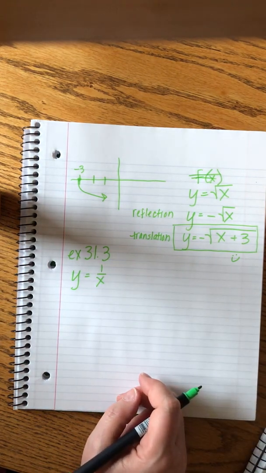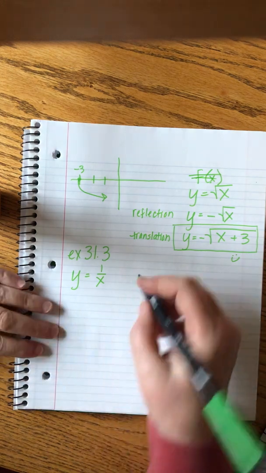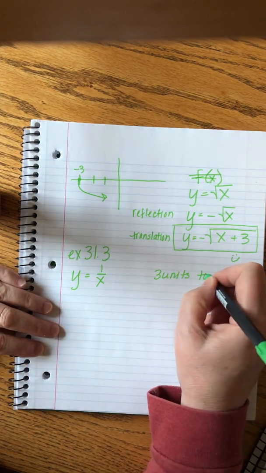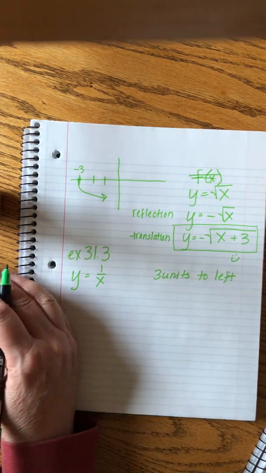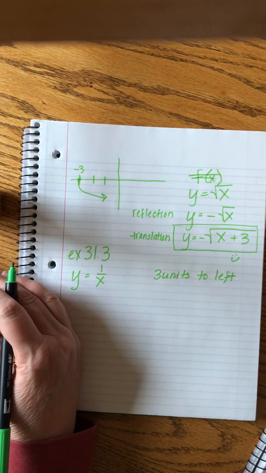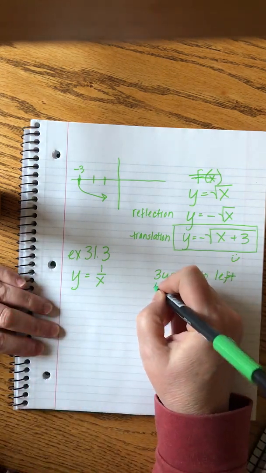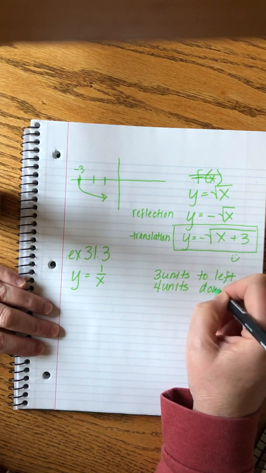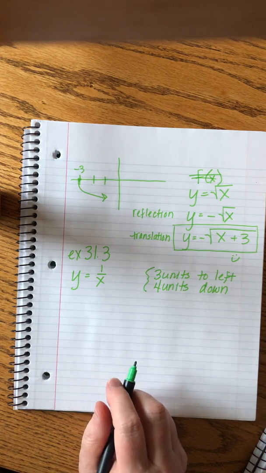Then write the equation of the graph that has the same shape but is translated 3 units to the left and 4 units down. Okay, so we have to make those 2 changes to it.